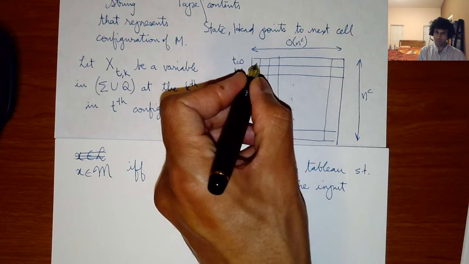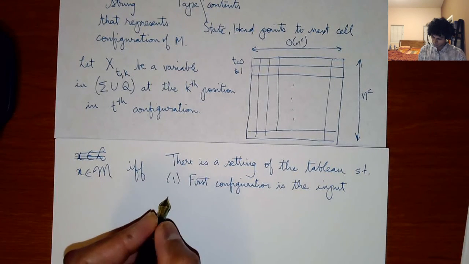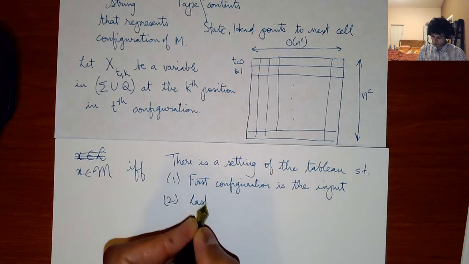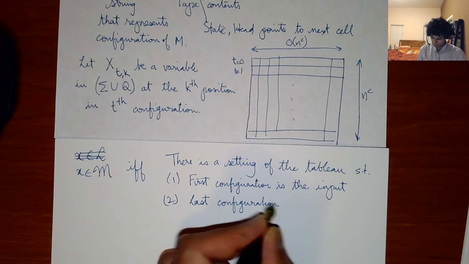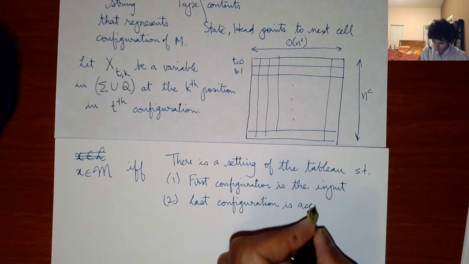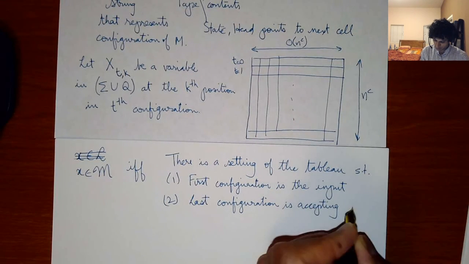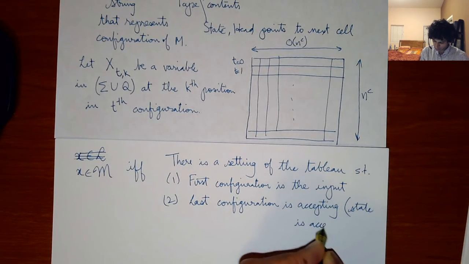Basically it would have the input written over here, whatever is the input tape. The last configuration is accepting, meaning that the state is an accepting state.